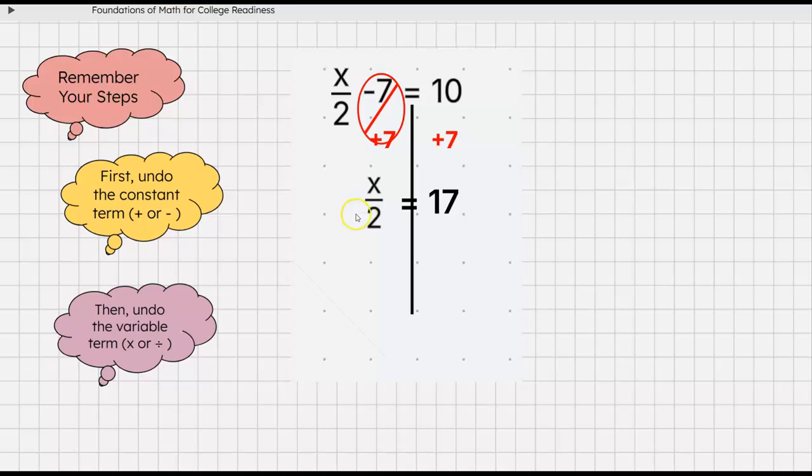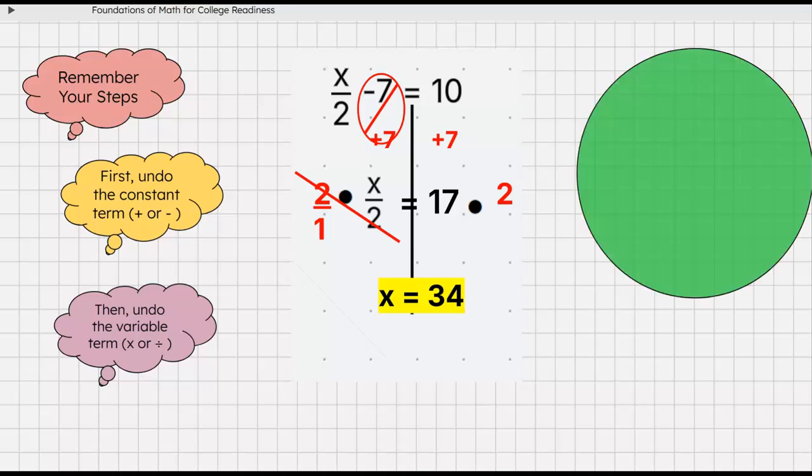And we need to undo the division with multiplication. So we are going to multiply both sides by 2. When we multiply both sides by 2, the 2's cancel out over here, and we end up with x equals 17 times 2, which is 34.